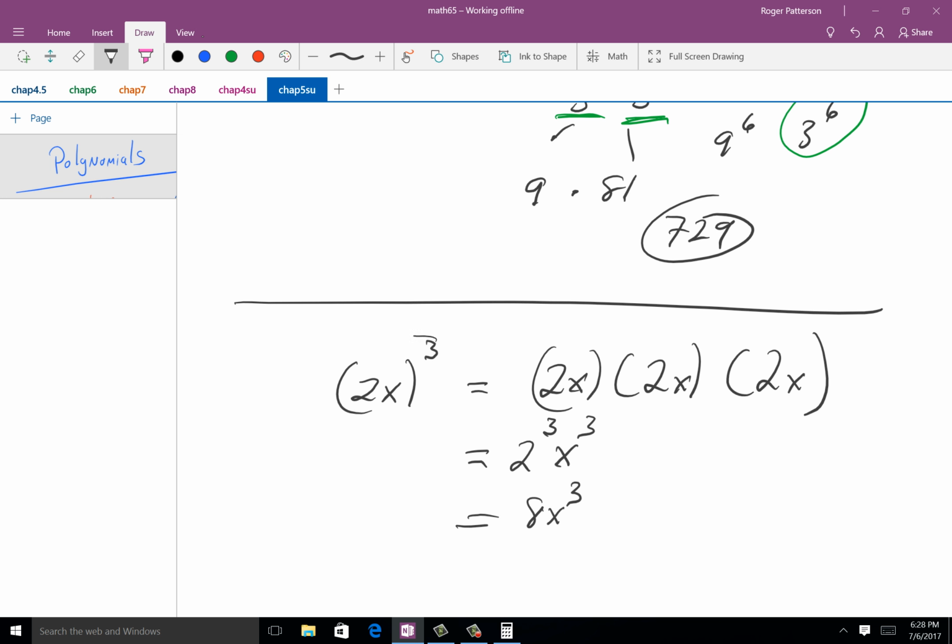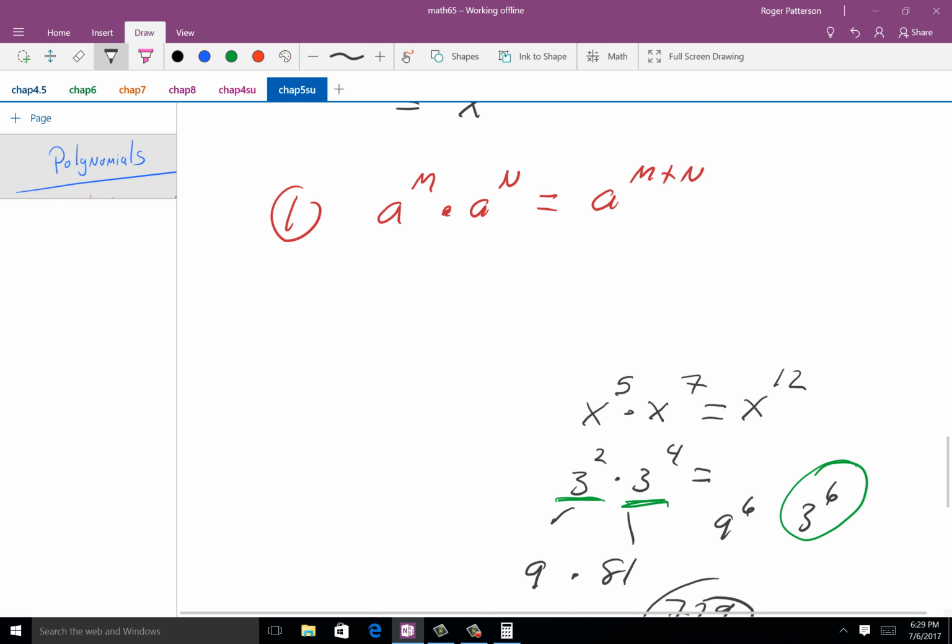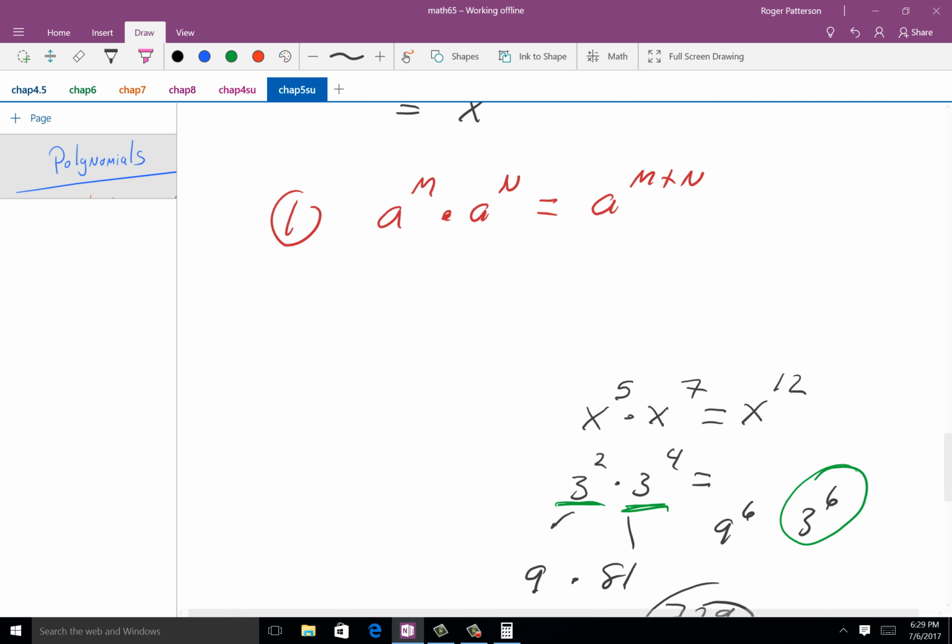Now look at this. Notice that if we move that inside there, okay, I don't like to use the word distribute because distribution is different. 2 to the third, x to the third. So the property, ooh, I left just enough room here.